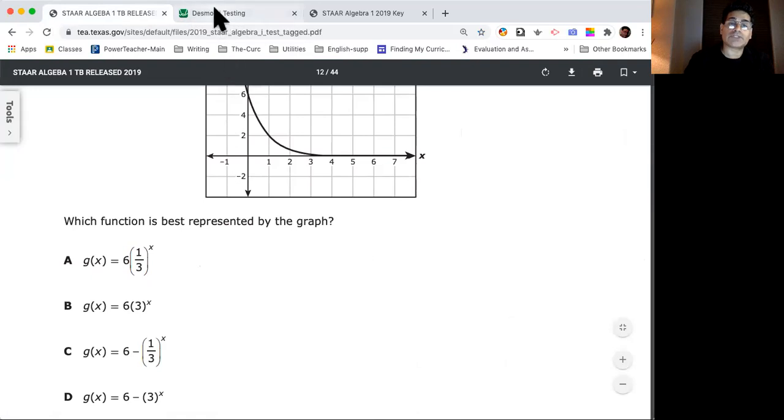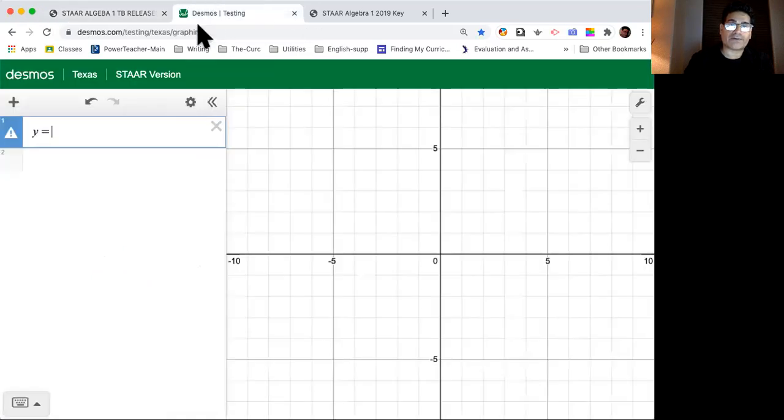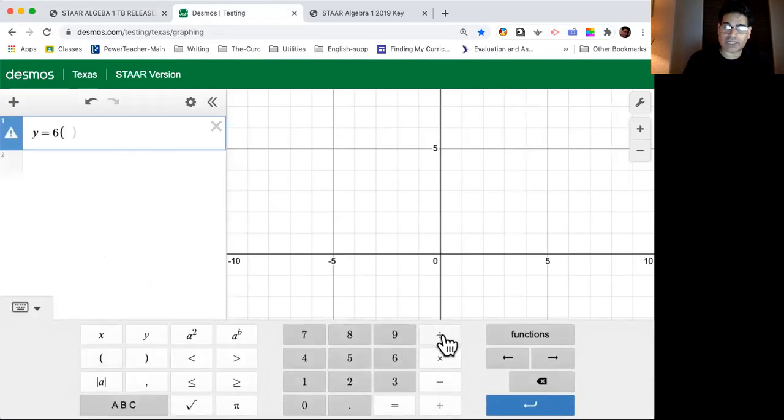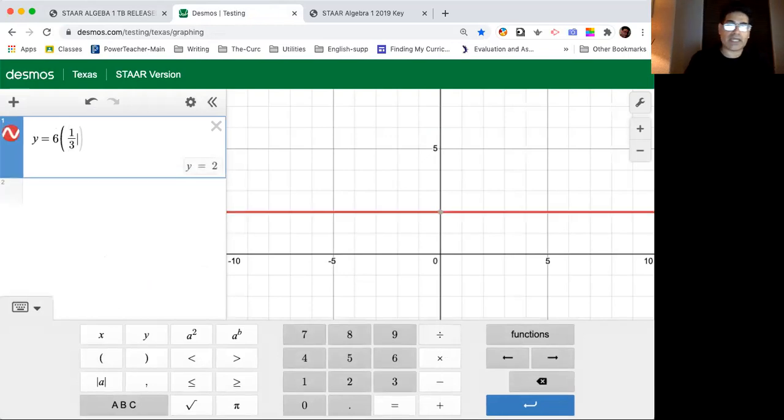Y equals 6 multiplied by a third. 6 multiplied by, and I have my division sign, which will give me my fraction, 1 over 3, and it's got the closed parentheses, or you can type it closed parentheses. Now, in this case, this is not a square.